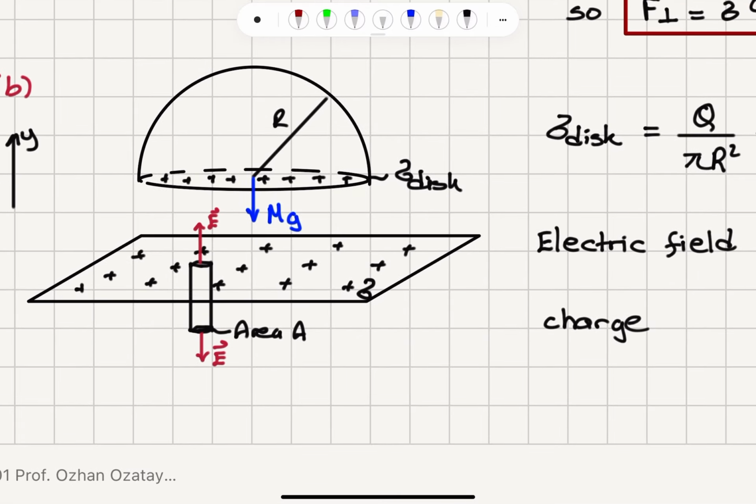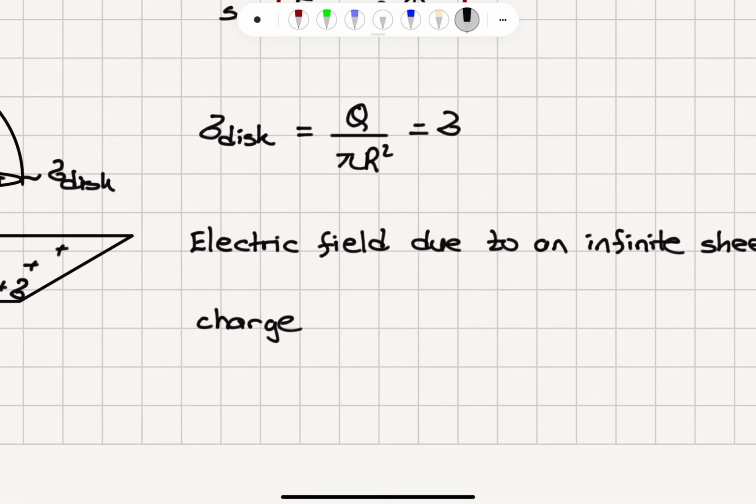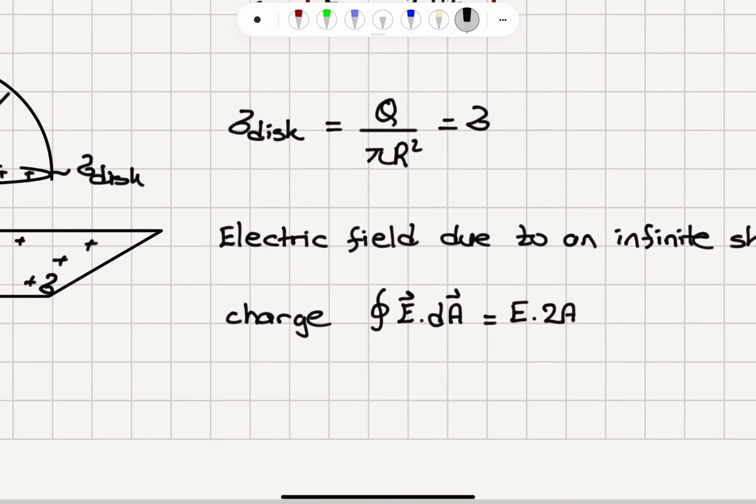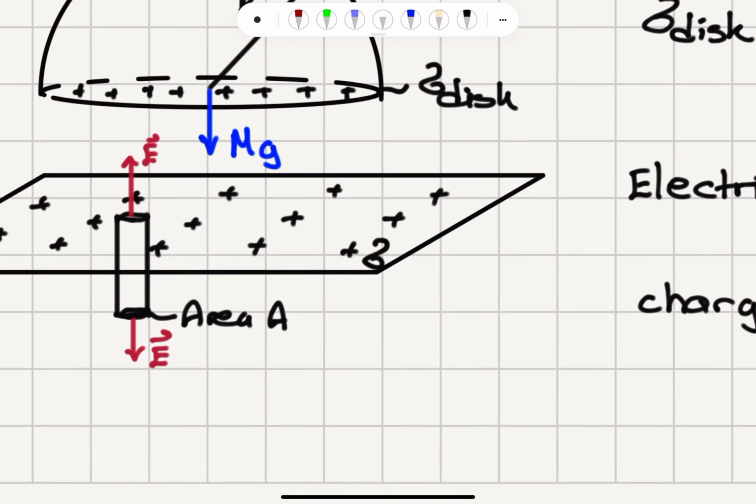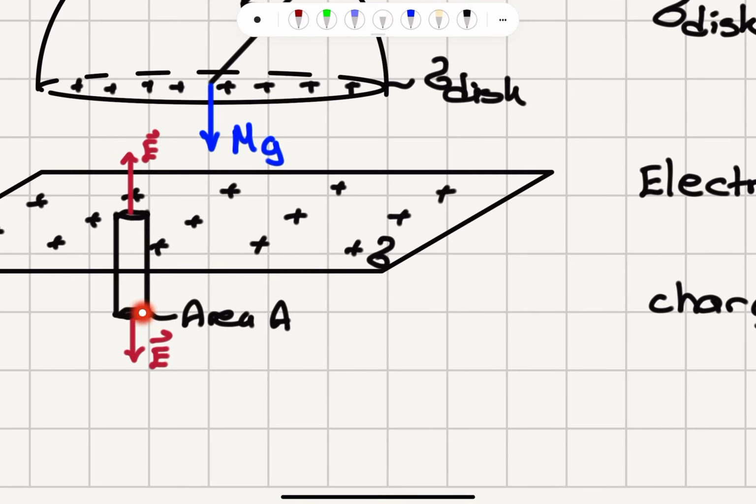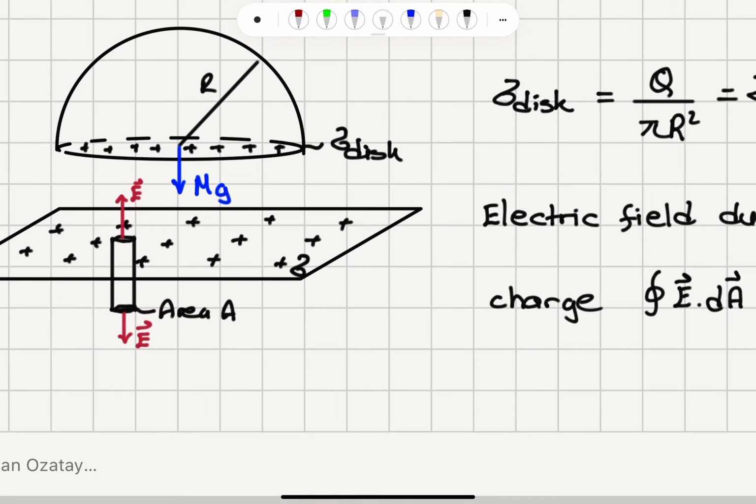So if I write Gauss's law, the closed surface integral of E dot dA, the net flux through this Gaussian surface will be equal to the electric field times twice the area, where area A is the area of the bottom and the top surfaces of this cylinder.